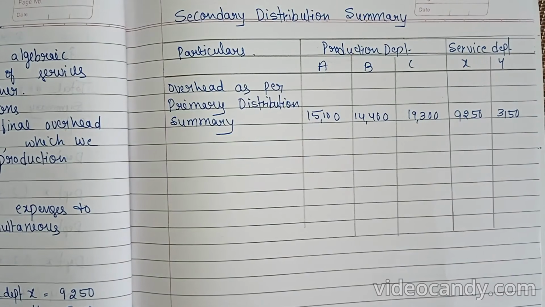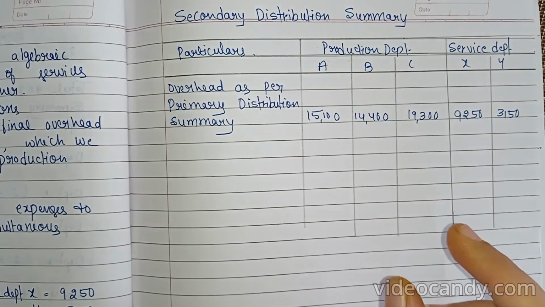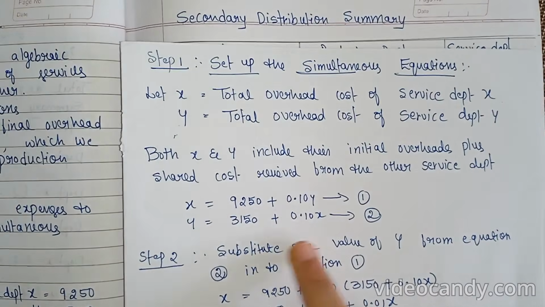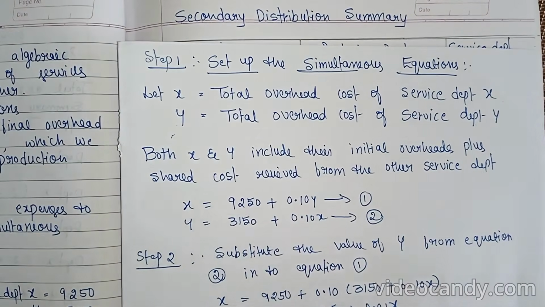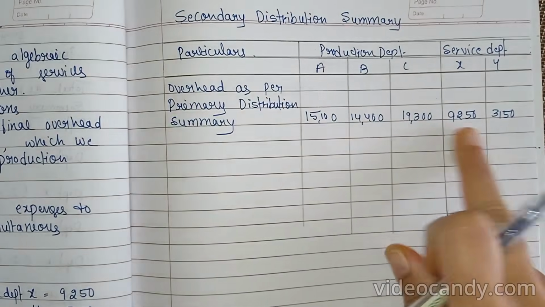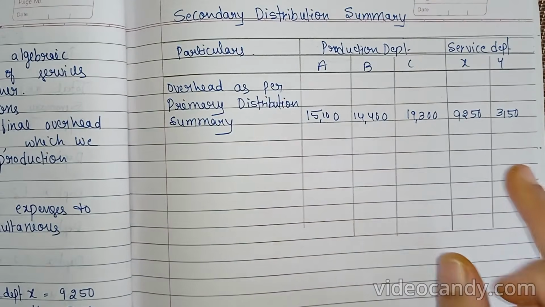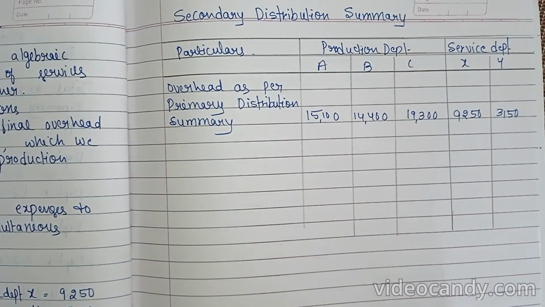Clear? Why? Because here X and Y overhead cost, they are already absorbed in X and Y calculations. See, 9250 and 3150. They are already absorbed in X and Y calculation. Means those mutual allocations between X and Y are included in the total figure solved by the equations.